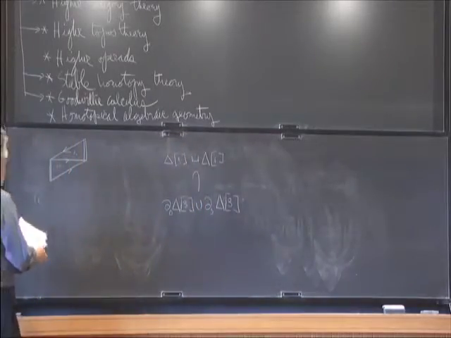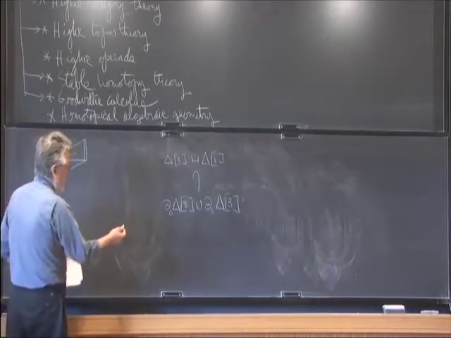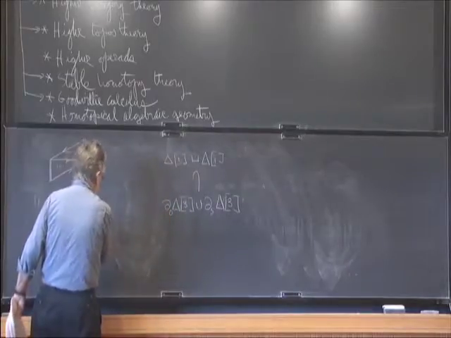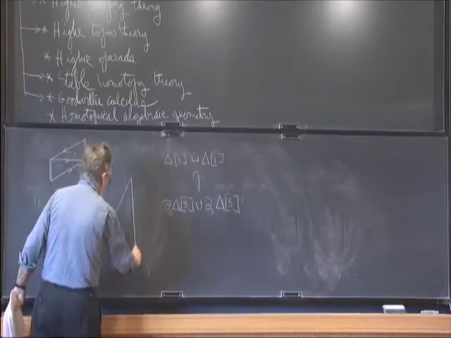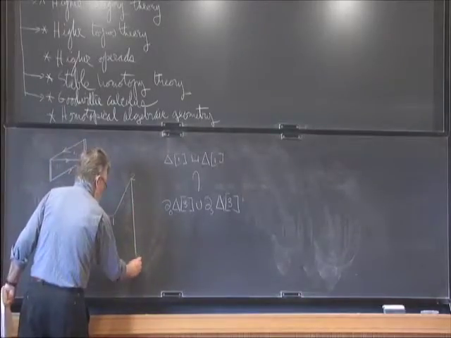You can see this picture inside delta 3, because you take the zero face of delta 3. I mean, delta 3 looks like this: 0, 1, 2, 3.